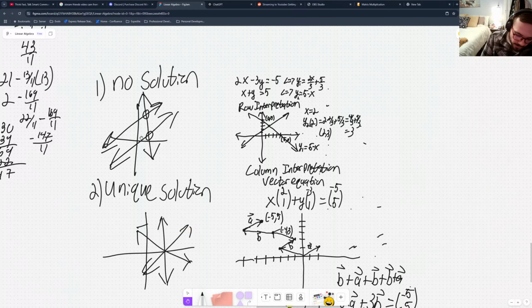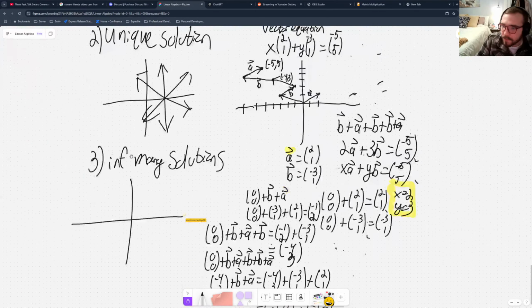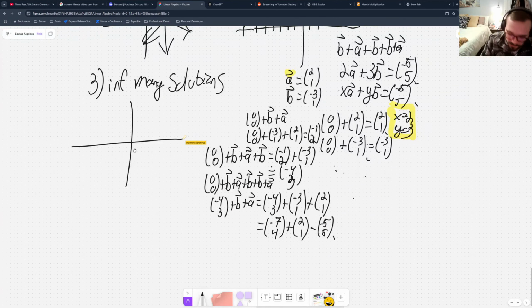The other possibility is that there could be infinitely many solutions. The way to think about this would be using the row interpretation, because it's the most intuitive. We'll scroll down a tiny bit. Yes, thank you. Please keep me honest, because I'm working on two screens.